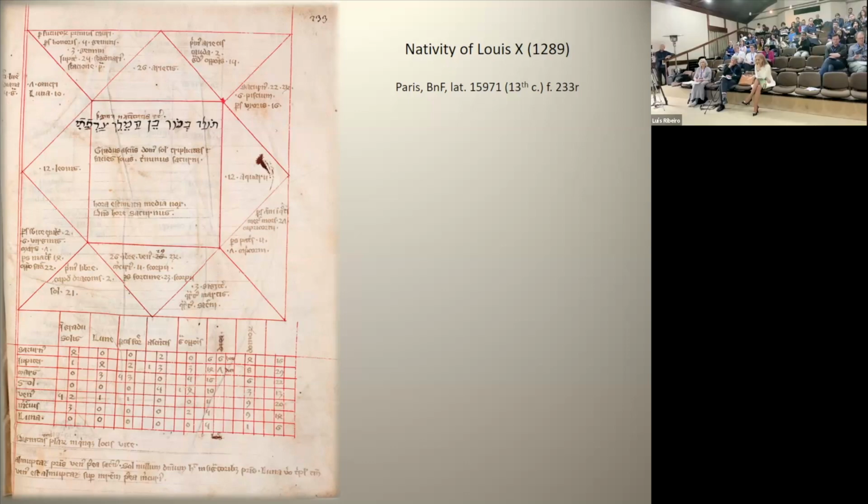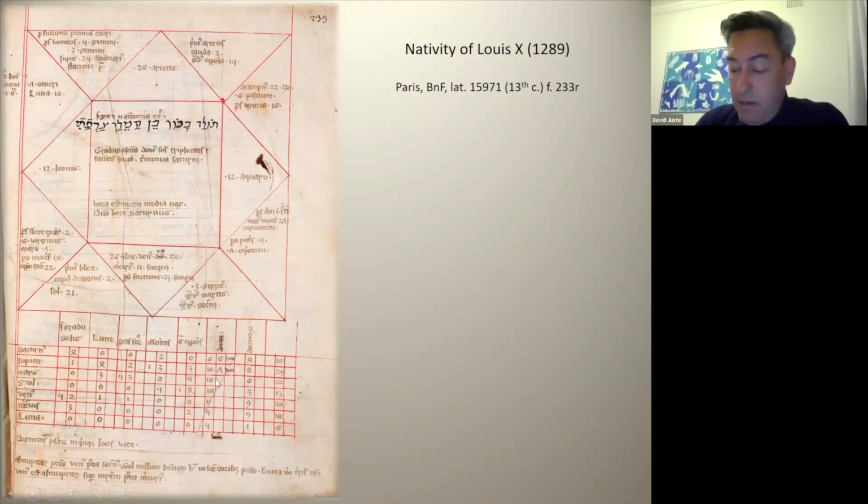Yeah, let me add on that. From what I remember, there is not only the domification, the houses, he also adds the planetary day and the planetary hour. And I think in the example you have from Louis the 11th, he adds 7 points to the ruler of the day and 6 points to the ruler of the hour. And I think that's one of the notes he has on the side, which is also following Ezra, at least one of the versions of Ezra.